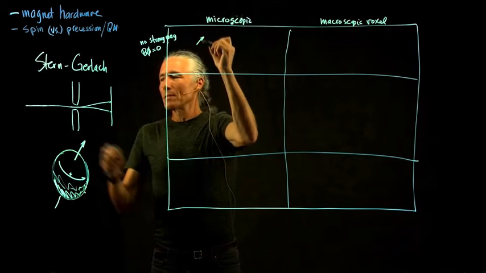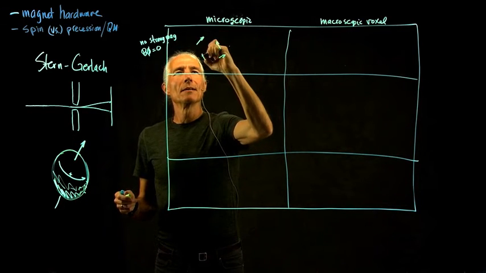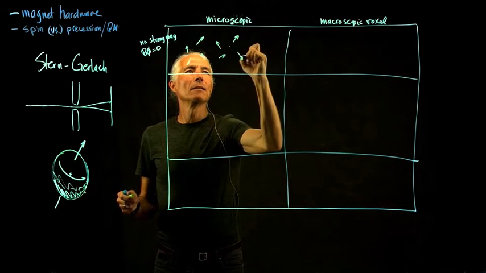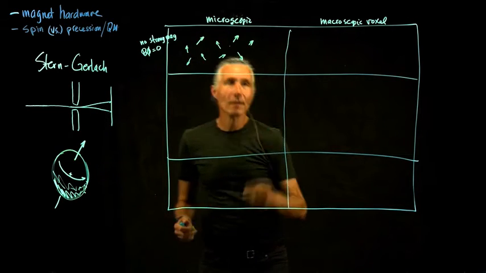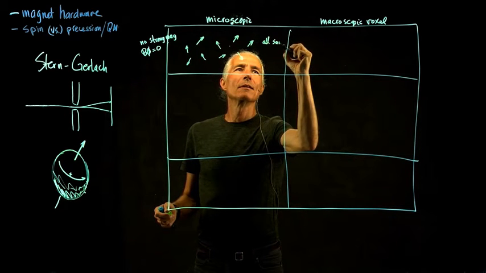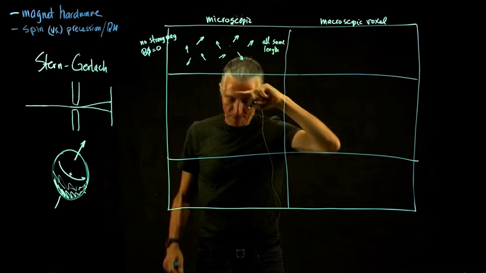Okay, so here's all the little proton magnets. They're just all pointed in every which way, like this. They're all disorganized. They're all the same length, but random directions.